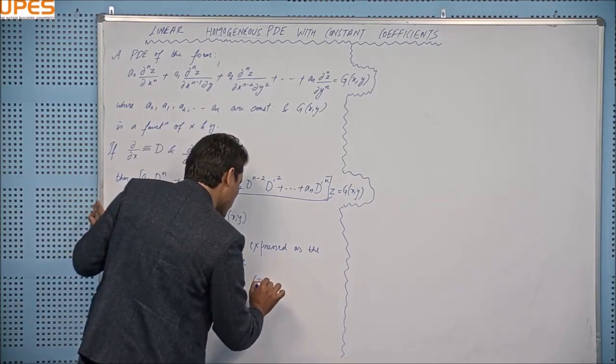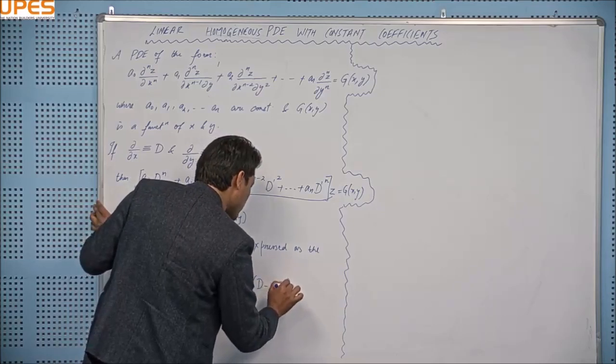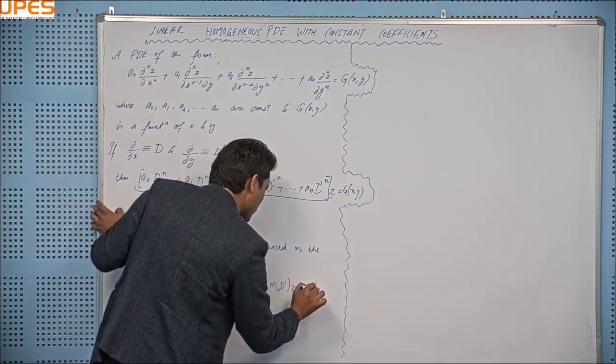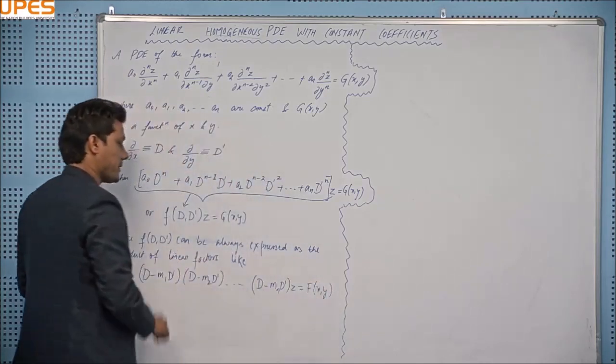The last will be D minus mn D dash, then z is equal to capital F x comma y.